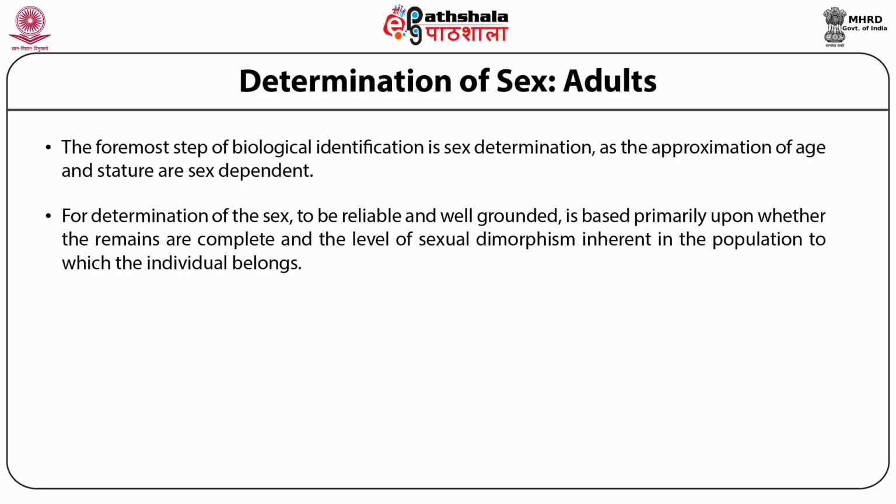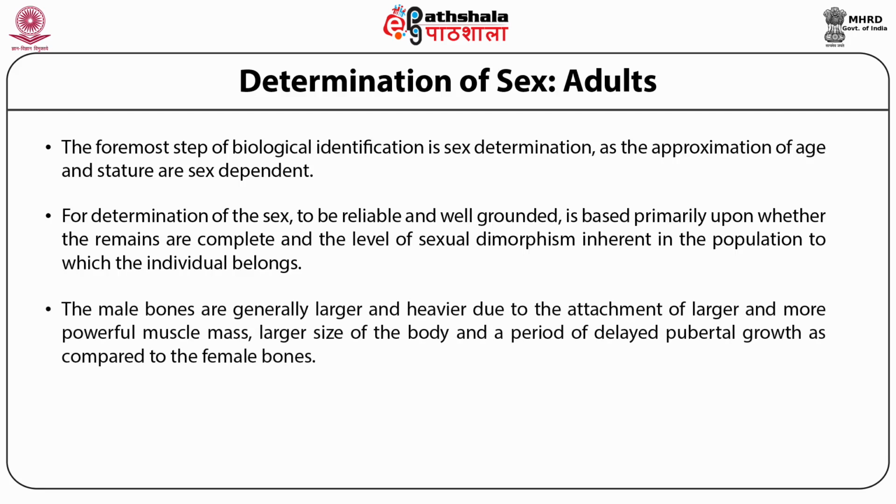The male and female skeleton can be differentiated on the basis of two morphological differences. The male bones are generally larger and heavier due to the attachment of larger and more powerful muscle mass, larger size of the body, and a period of delayed pubertal growth as compared to the female bones.